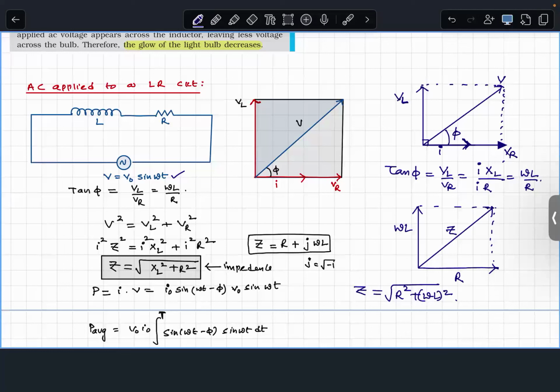There is another methodology that follows in AC circuits: representing the impedance as a complex number. I repeat, in AC circuits we represent the resistance in a circuit by a complex number.